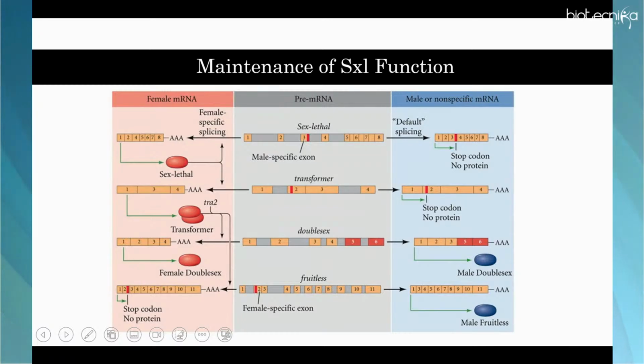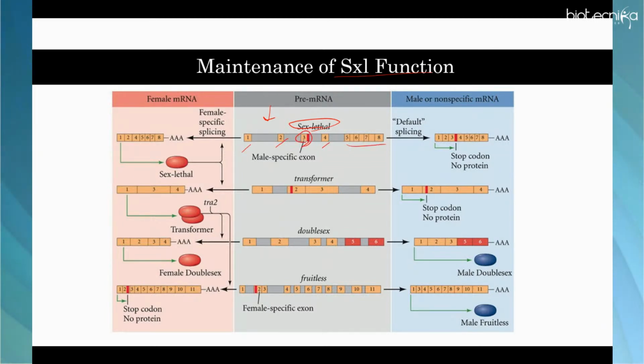If you want to know something about the maintenance of SXL function, SXL is the Sex lethal. This is the pre-RNA. Actually, the entire sex determination process of Drosophila depends on alternate splicing. So the same RNA, but different proteins can be formed based on splicing. Here we have the pre-RNA of Sex lethal, exons 1, 2, 3, 4, 5, 6, 7, 8.